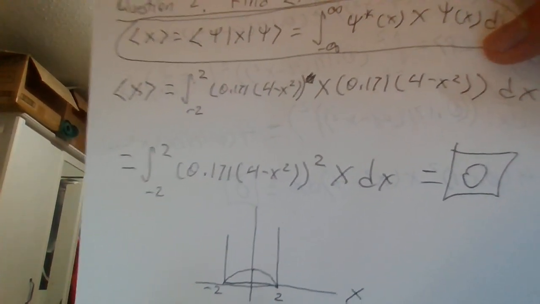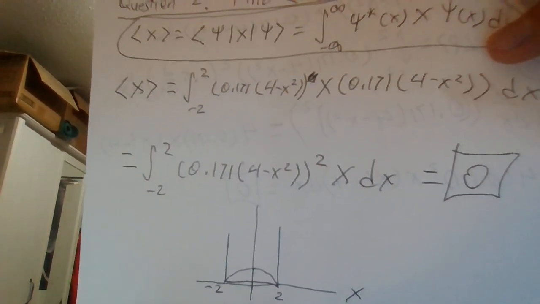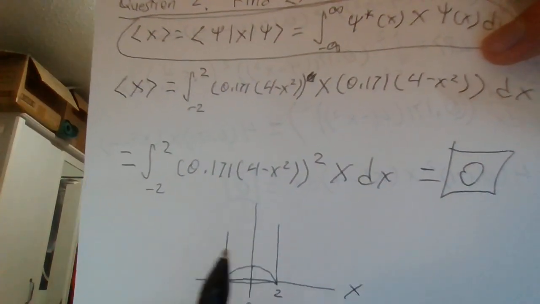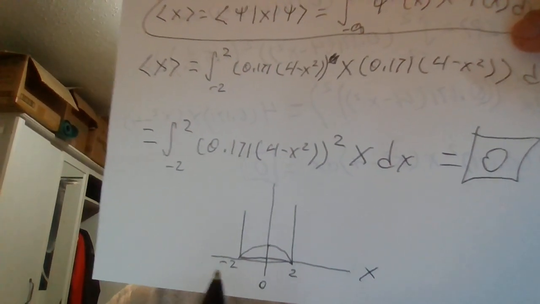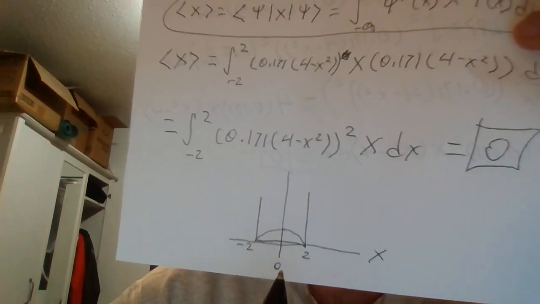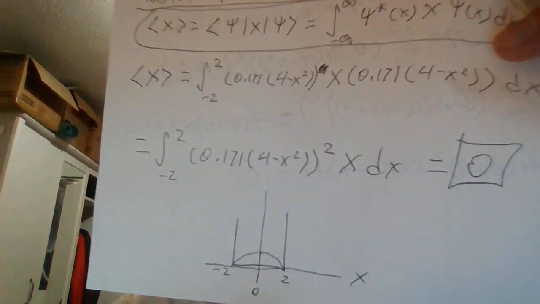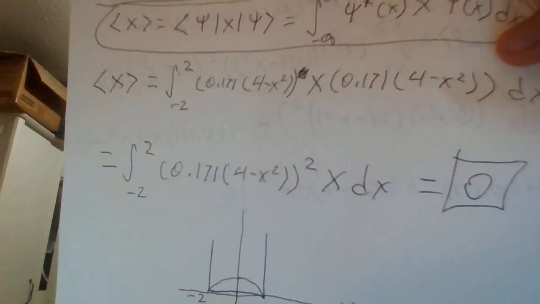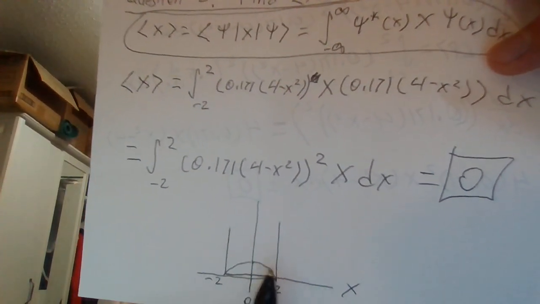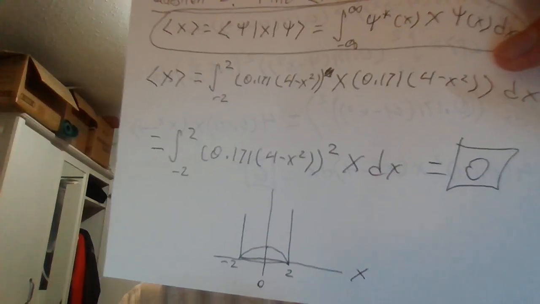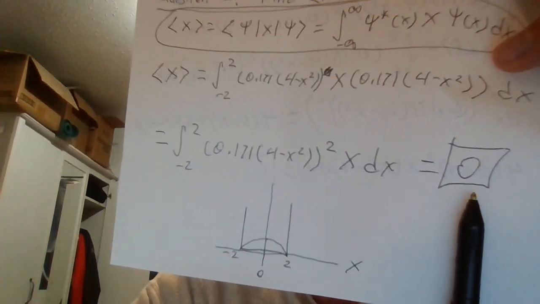This equation, 4 minus x squared, is just an upside down parabola, and we know that's completely symmetric about the vertical axis. Finding the expectation value is like finding the average of all positions, and that'll be at the middle, which is 0. So this answer makes sense.